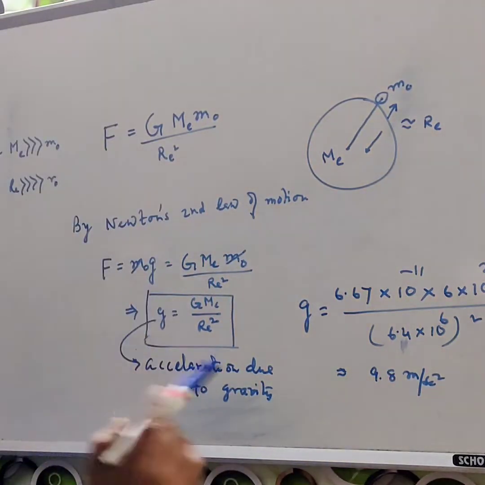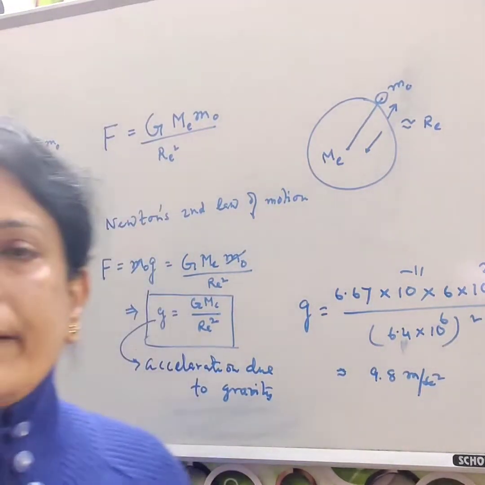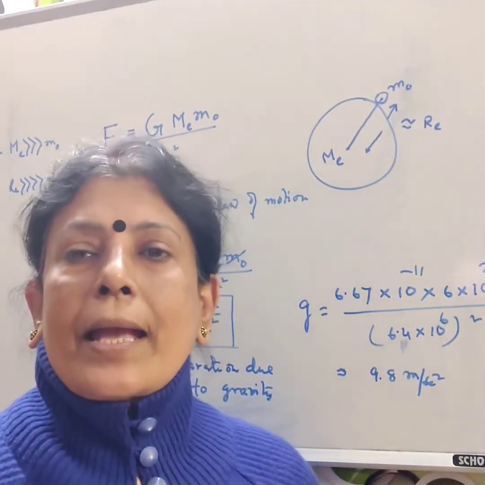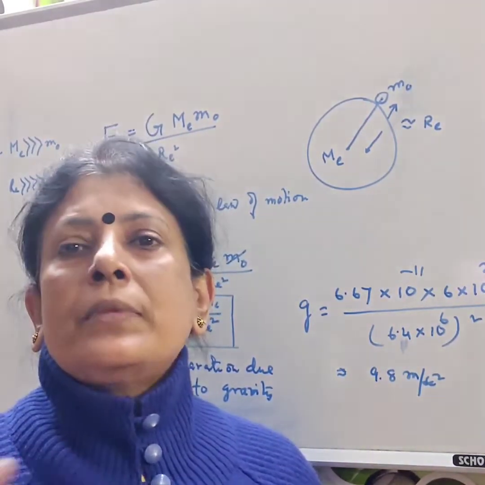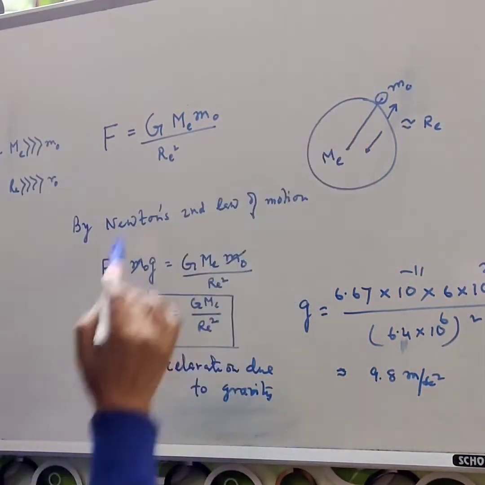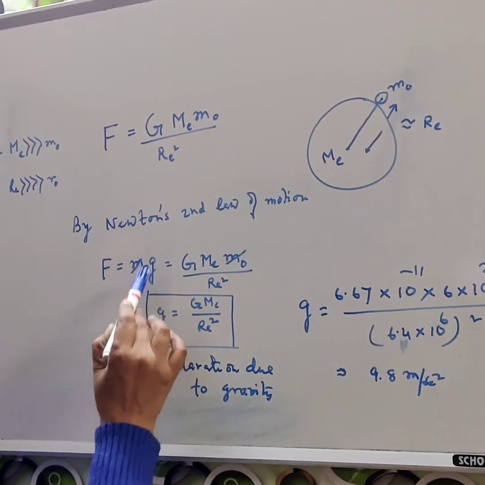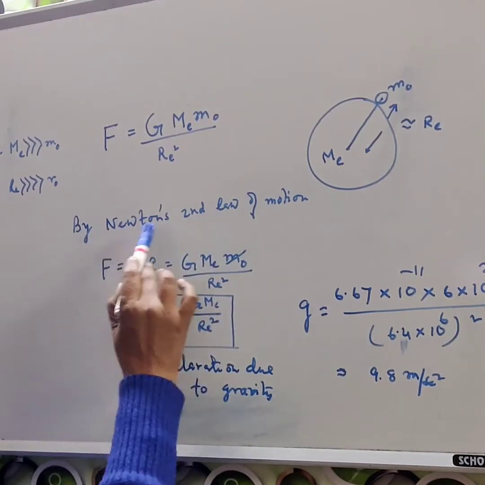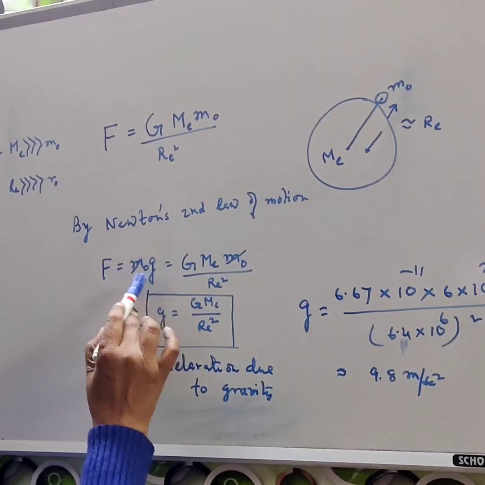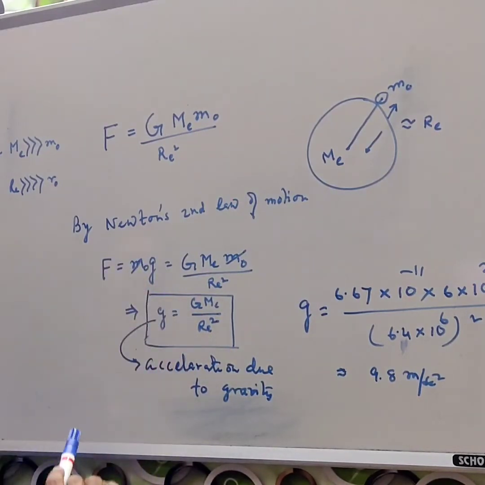Now what is the relation between inertial force and gravitational force, and how will we get acceleration due to gravity from this relation? Let us take that the object MO has acceleration g. Why? Because by Newton's second law of motion we know force is equal to mass into acceleration, which is called inertial force.